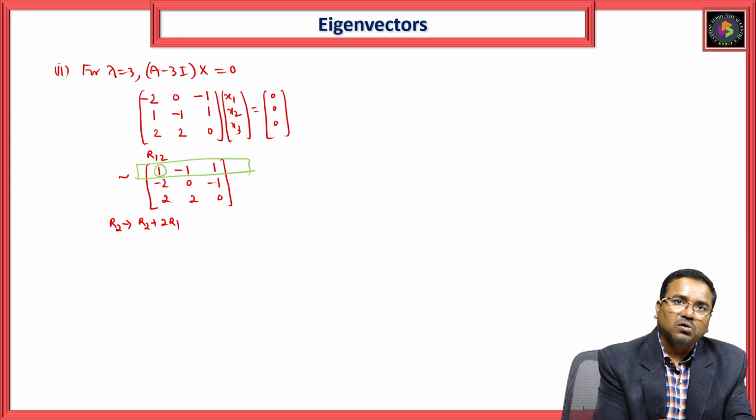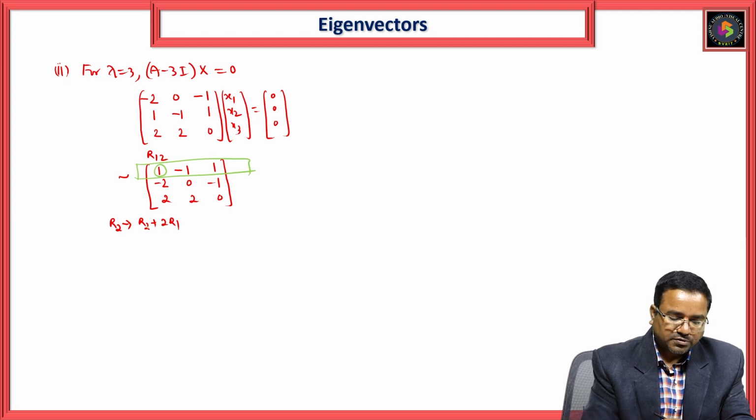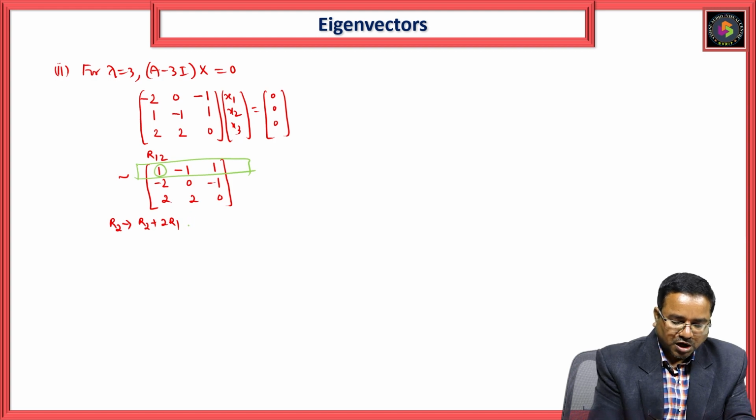For that I am writing the appropriate row operations: R2 changes to R2 minus, and R3 changes to R3 minus 2R1. The first row stays the same, 1 minus 1, 0.